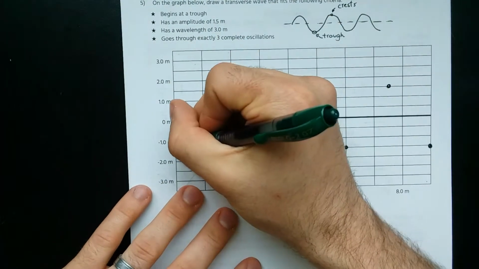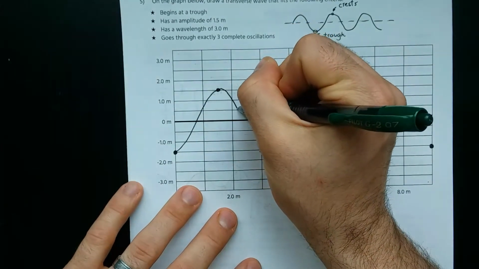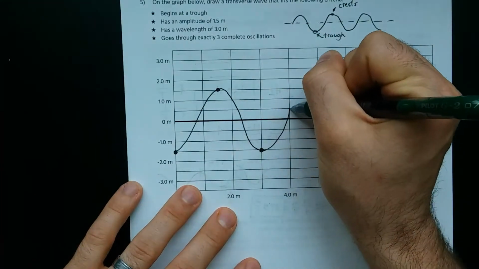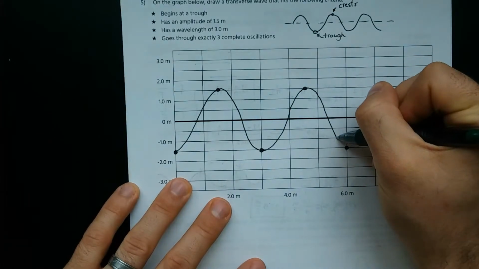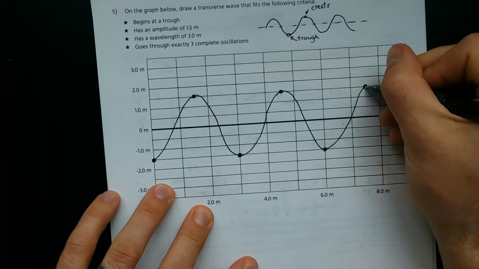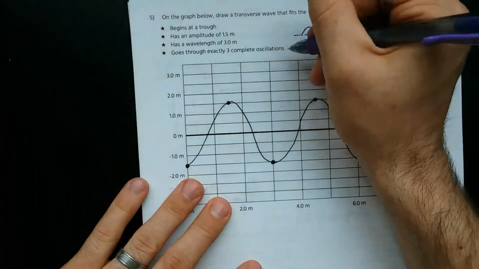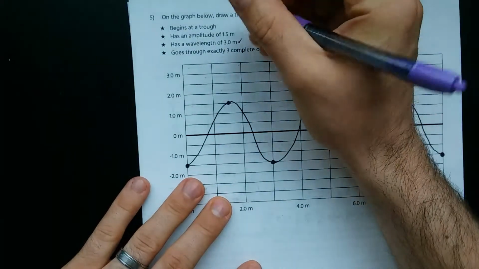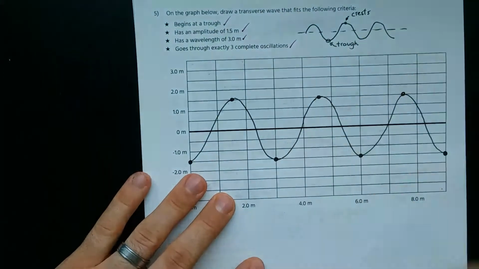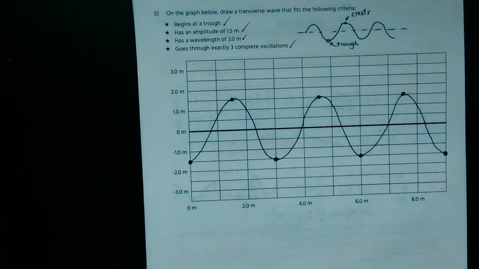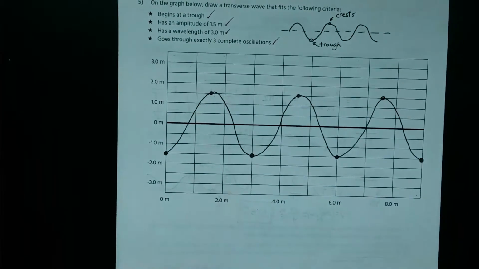And then I'll kind of bring these together. And there we go. That is 3 full oscillations with a wavelength of 3 meters and amplitude of 1.5 meters beginning at a trough. In math class, you would call this a negative cosine graph.